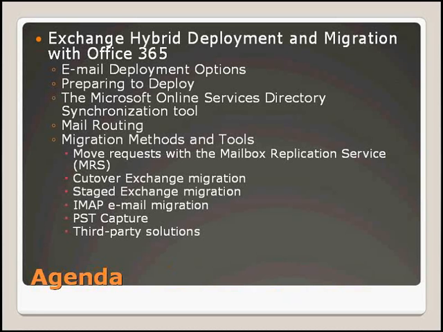The third-party solutions will not be in the scope of the discussion, but I mentioned them here so that you should be aware that there are third-party solutions available as well. Probably that's something you can discover yourself and see which is the best method. Either use the migration methods that are available, or else go with a third-party solution.